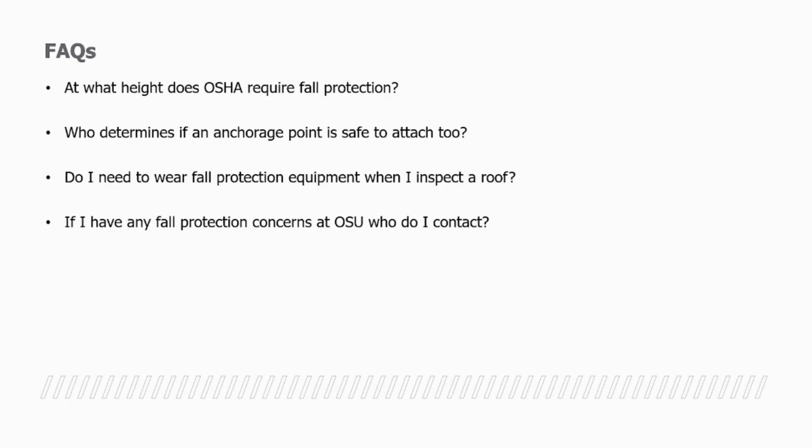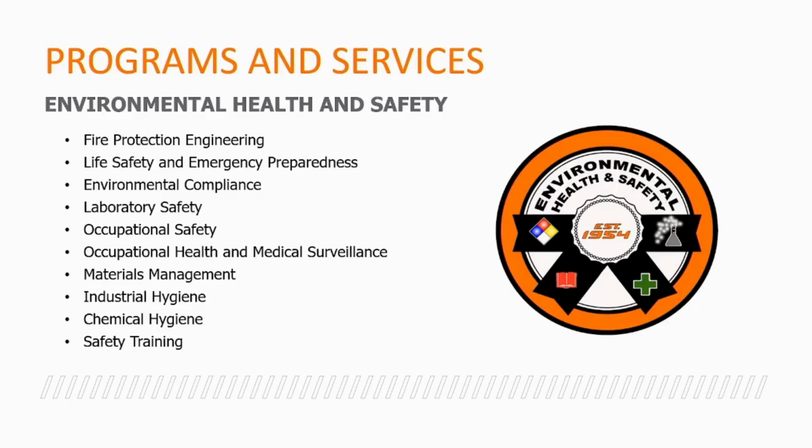If you have any questions or concerns at OSU, who do I contact about fall protection for roof work? You can contact the OSU EHS department. I did include that information coming up in just a minute. These are all the different programs that the Oklahoma State University Environmental Health and Safety Department provides.